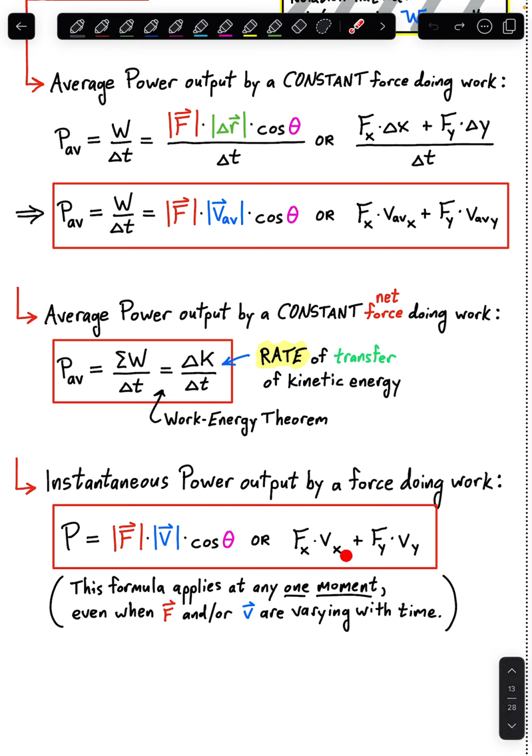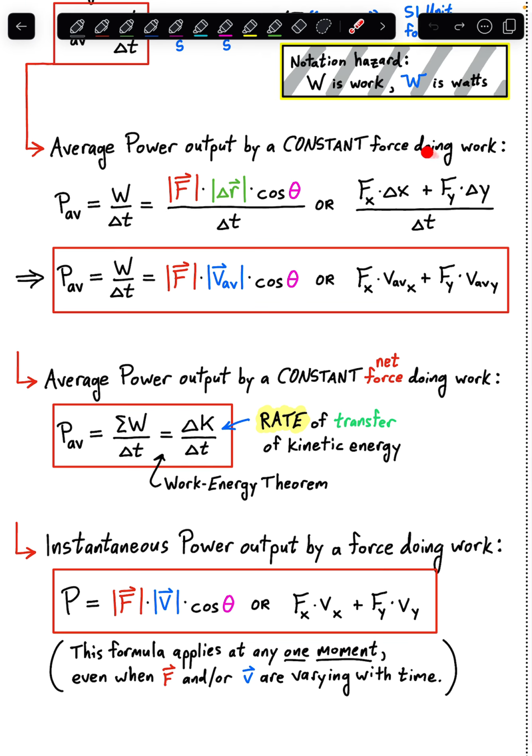Or Fx vx plus Fy vy, the sum of the products of the parallel parts. Either of these gives you the instantaneous power. And this formula applies at any one moment, even when the force and the velocity are varying with time. So this formula is good from moment to moment, even when force is not constant. Note that we assumed constant force and constant net force for these two formulas here.